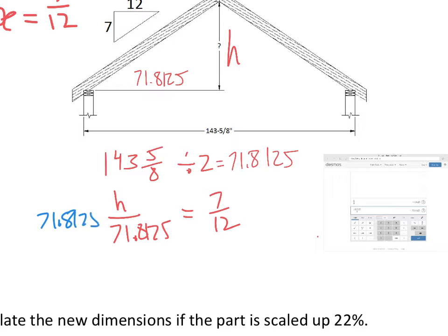This method works nicely because the h is on top here. So we get h equals 7/12 times 71.8125.